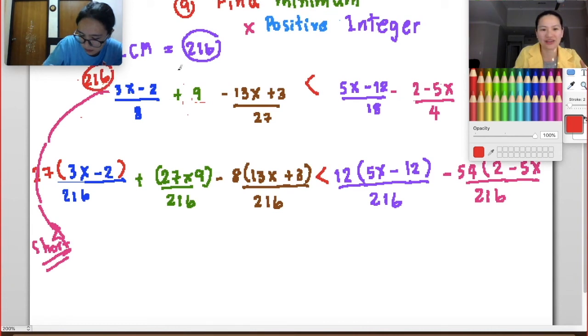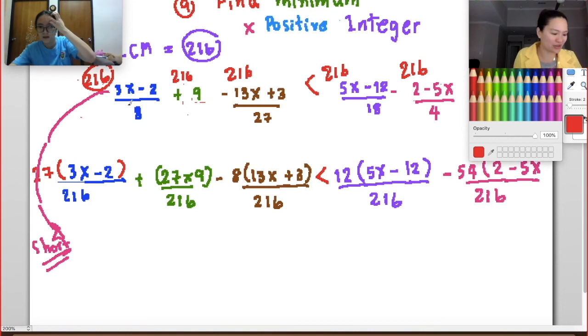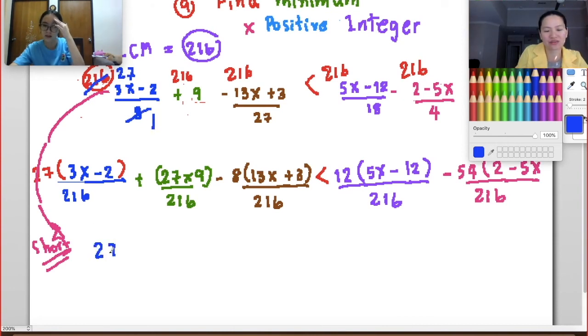Like this: 216, 216, 216, 216. And 216 divided by 8 is equal to 27. So it comes up to 27 times 3x minus 2. That one is the full version, but I'm going to teach you the shortcut version as well.